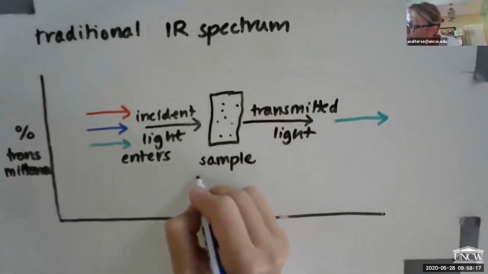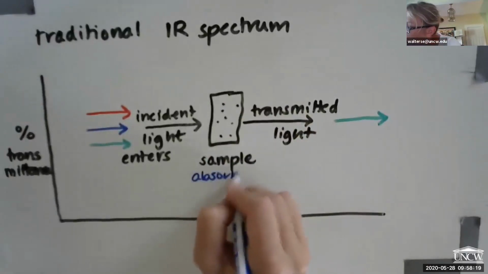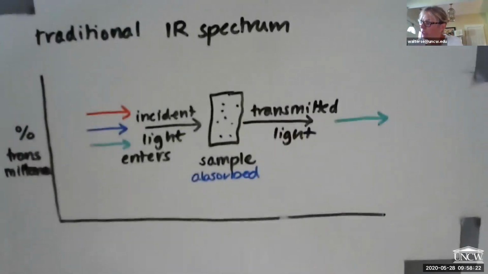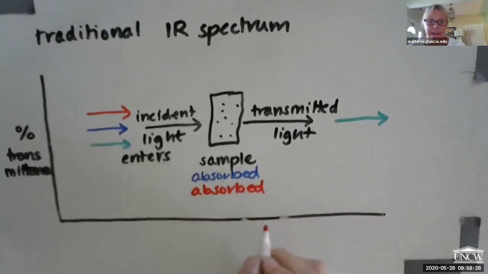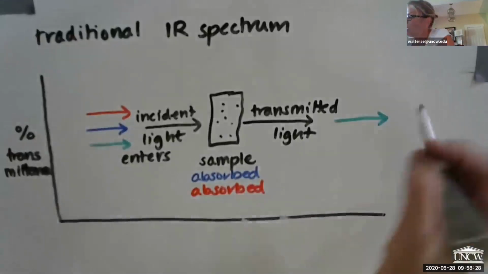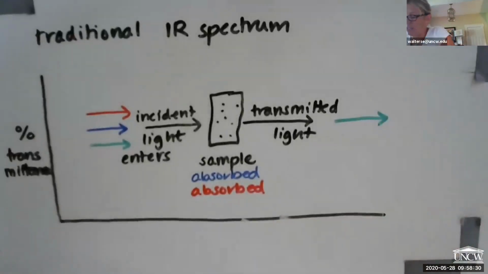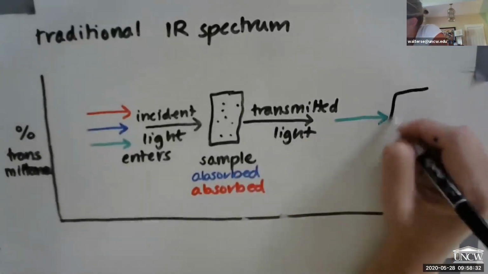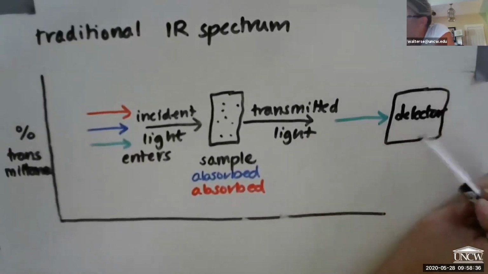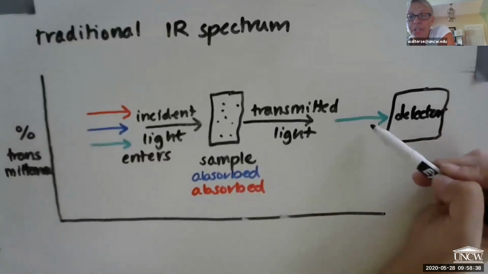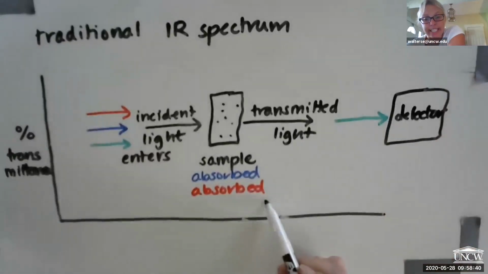That means your sample absorbed blue, it absorbed red. Okay. So then the green light is going to reach the detector. And the detector will measure the green light and recognize that it's missing blue and red.